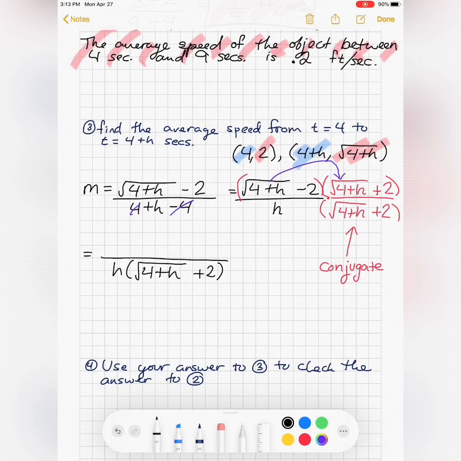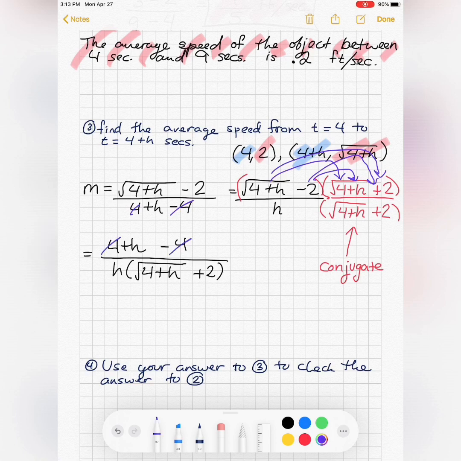So that means I'm squaring that root, so that would just leave me what's underneath the square root. Then look, I have 2 roots of 4 plus h minus 2 roots of 4 plus h. Those middle terms cancel. So all that's left now is minus 4.